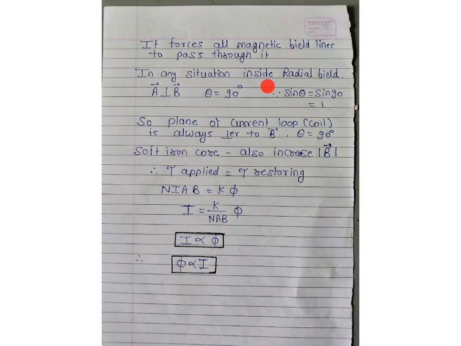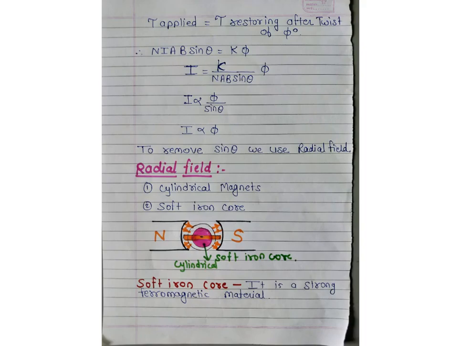In any situation inside the radial field, vector A is perpendicular to vector B. That is, theta is equal to 90 degrees. Therefore, sin theta is equal to sin 90, which is equal to 1. So sin theta is always 1.